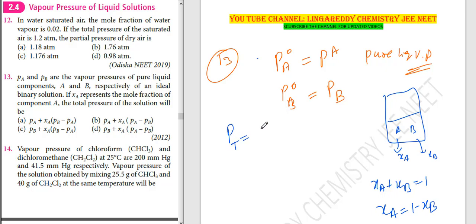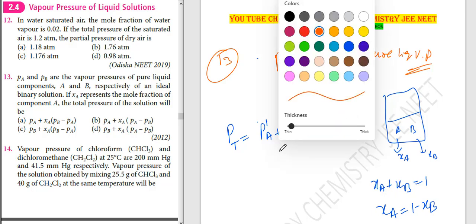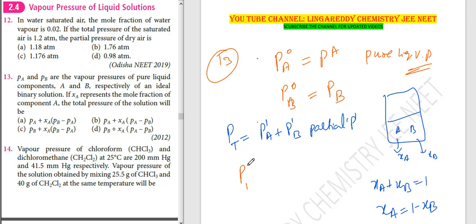P total equal to PA plus PB of partial pressures. Partial pressure. Don't confuse. This PA is different. So instead of that I will write here this dash and dash. Okay. What is this? Partial pressures. P total equal to. Now we have to calculate each partial pressure. Partial pressure formula was what? Partial pressure P A dash equal to P naught A into XA.